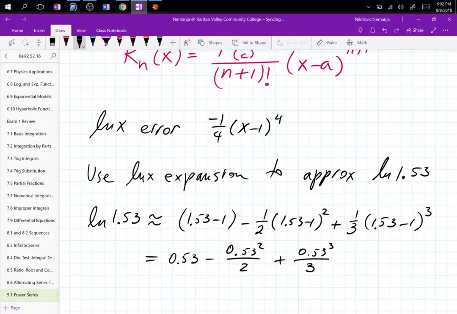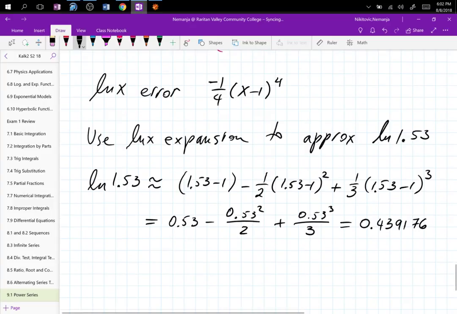Now I'm going to use the calculator to compute this. What do I get? 0.53 minus 0.53 squared divided by 2 plus 0.53 cubed divided by 3, and that's equal to 0.439176. That's fine, 6 decimals.